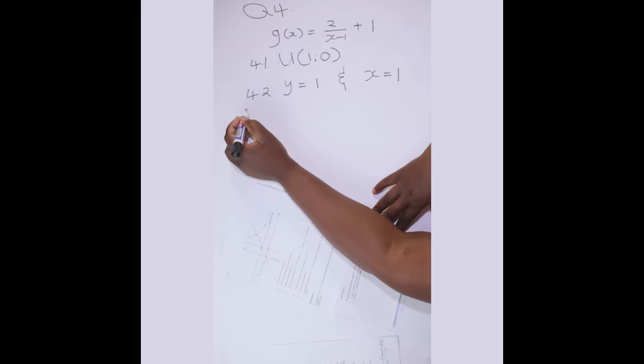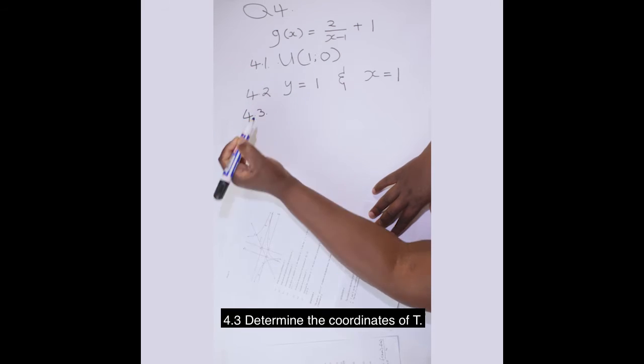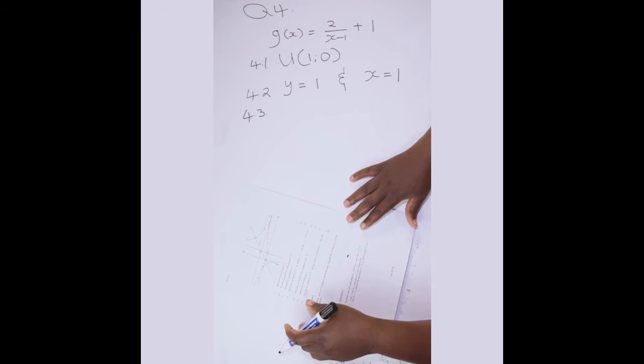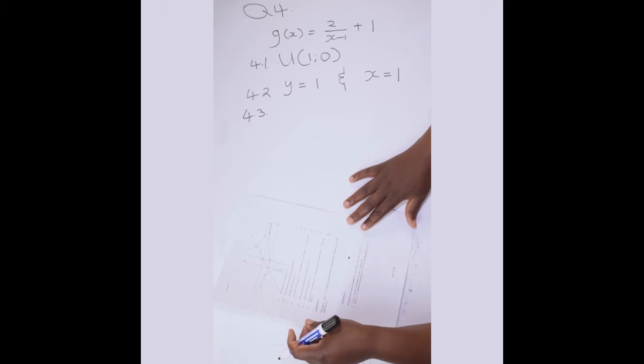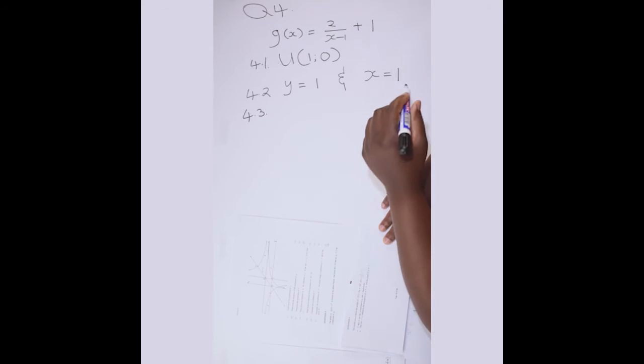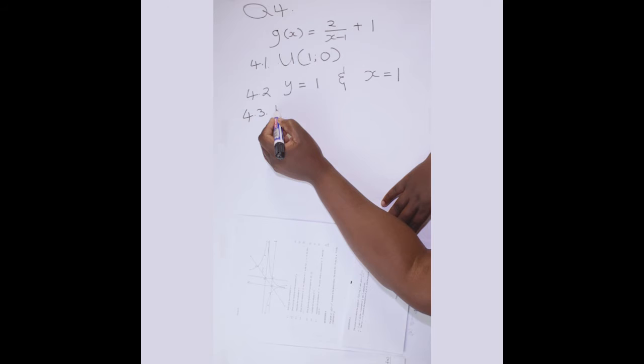The 4.3 says, determine the coordinates of t. Remember, they told us at the beginning that t is the x-intercept of g. So then it means that we are going to let y be 0.